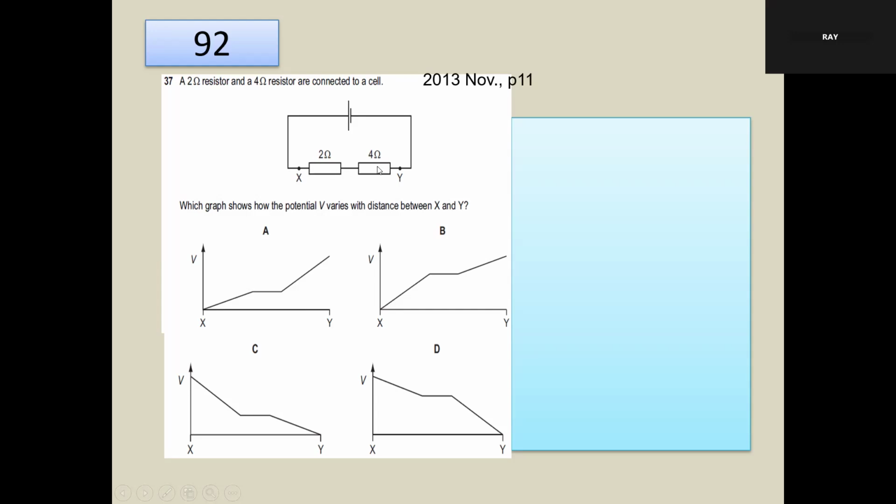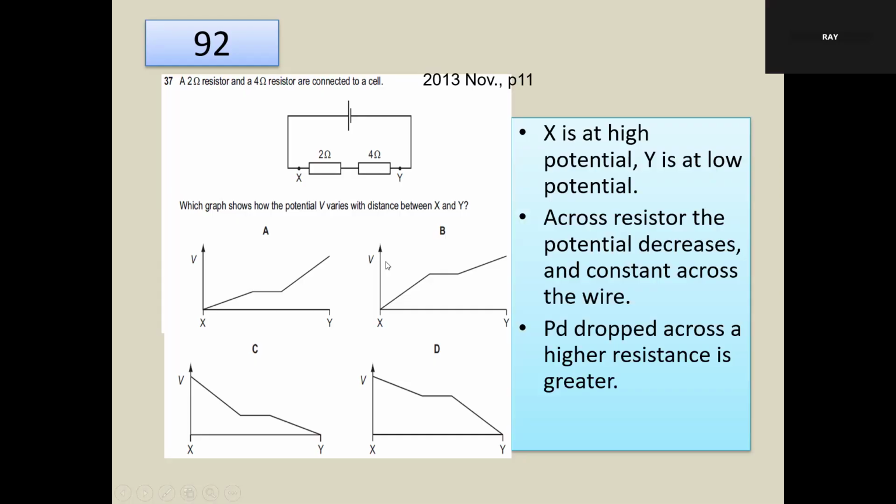And the potential drop across the 4 ohm is larger. So the answer is D. X is at a higher potential, Y is at lower potential. Across the resistor, the potential decreases and is constant across the wire. That wire has no resistance, so the potential is the same. PD across the higher resistance is greater. PD across this 4 ohm is greater than 2 ohm, that's why it's steeper.